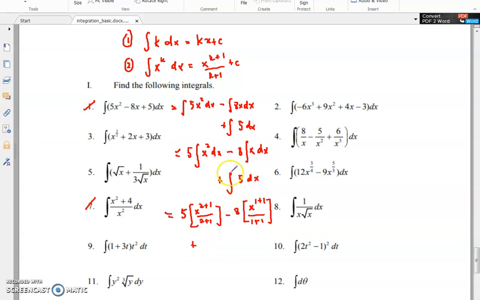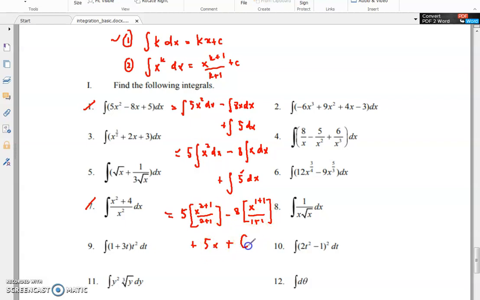plus 5 here. For this kind of question, you can refer to formula number 1, which is a single constant without a variable. So it will be 5x. And since we have the plus c at the back of it, you just need to combine all the c's, because you get c here and also c here.